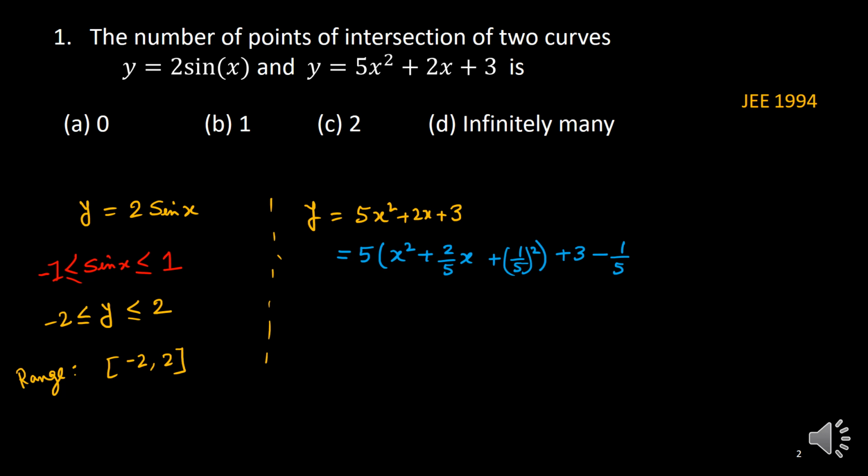So what is the advantage here? This is 5 times a whole square form, plus 3 minus 0.2, which means 2.8. I write it in decimal form. Now you can see this one is always more than or equal to 0, because square is always more than or equal to 0.